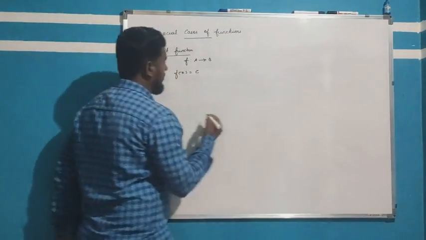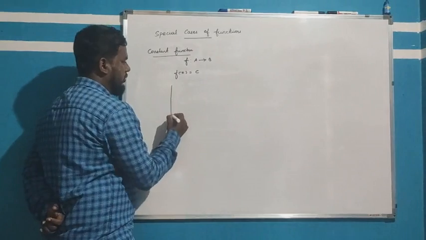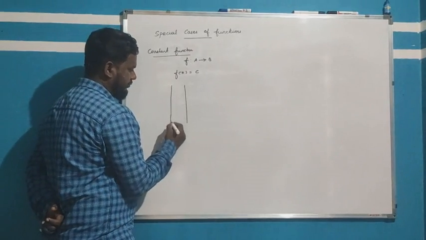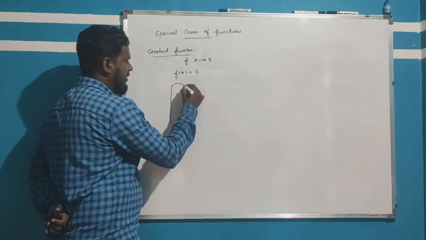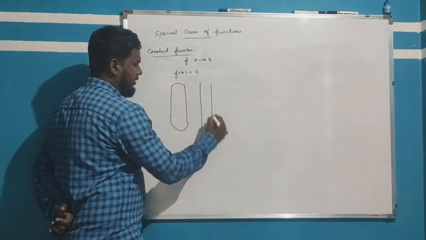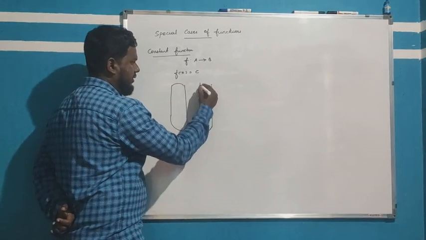So we can find this according to an arrow diagram. For example, in this A set, we can consider a B set.